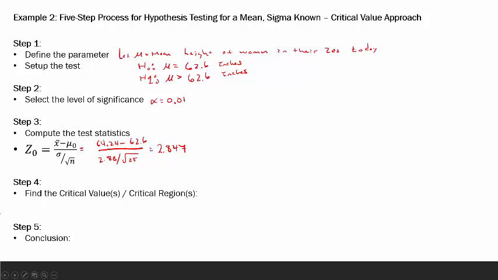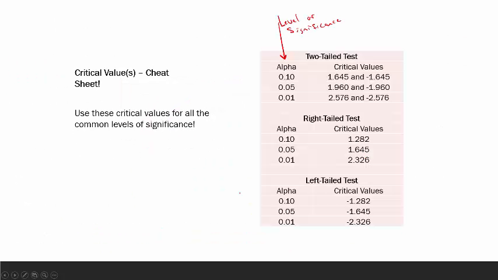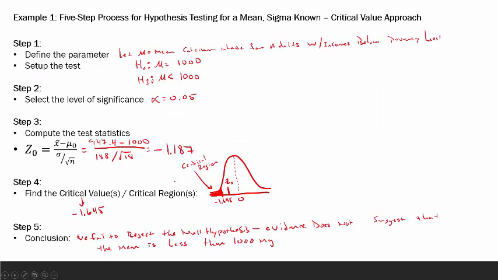Okay, so now let's find our critical values. Go back: it was a 0.01 level of significance, and it's a right-tailed test. So right-tailed test, 0.01 level of significance, gives 2.326. That's our critical value, 2.326.